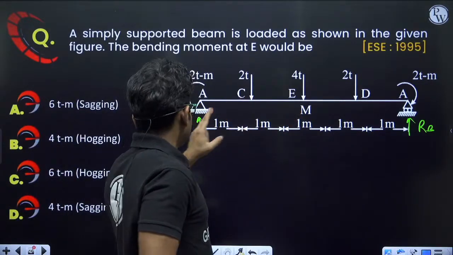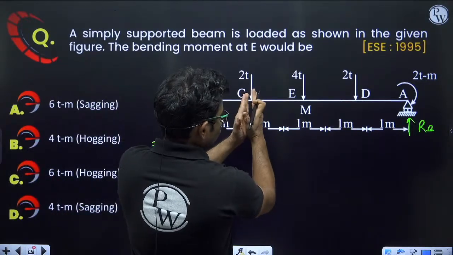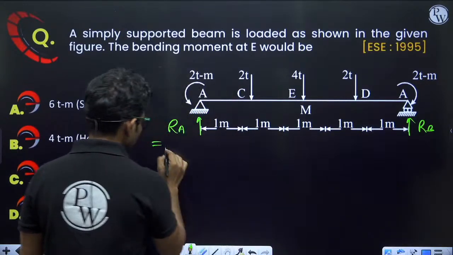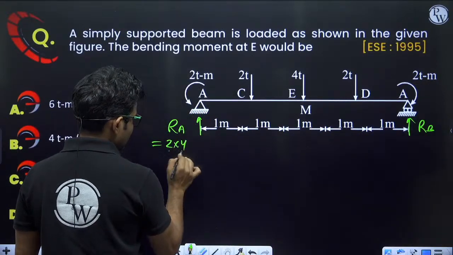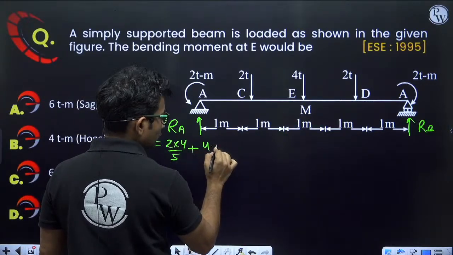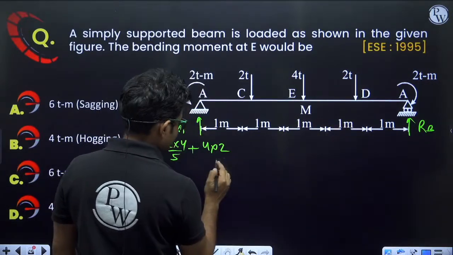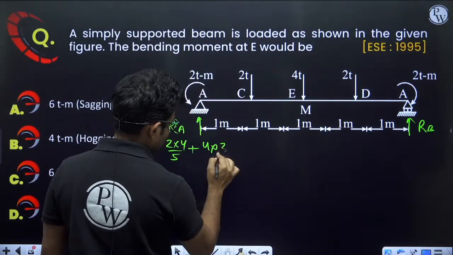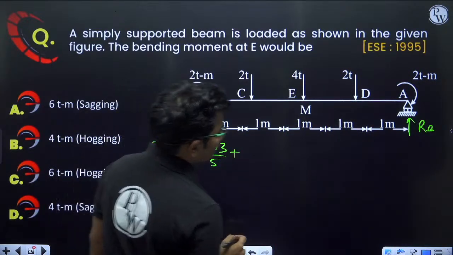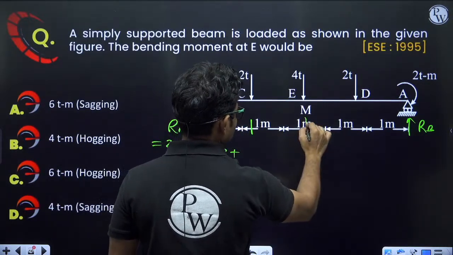So, yes, the support reaction RA will be equal to 2 into 4 by 5 plus 4 into 3 by 5 plus 2 into... how is this?